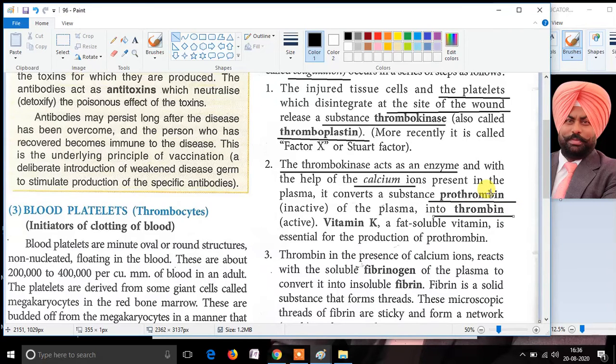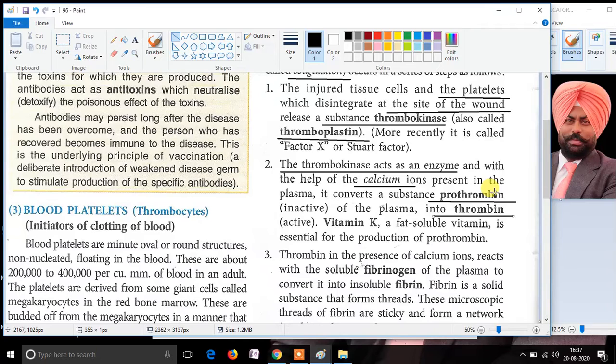The prothrombin substance is actually inactive, and this inactive substance is changed into an active substance called thrombin, and this is done by thrombokinase.